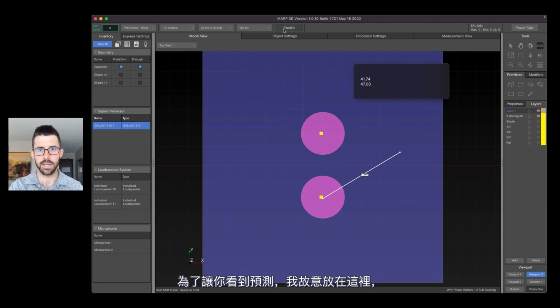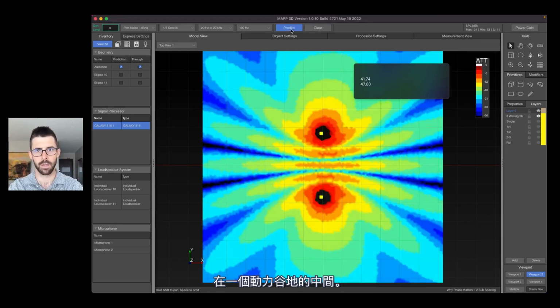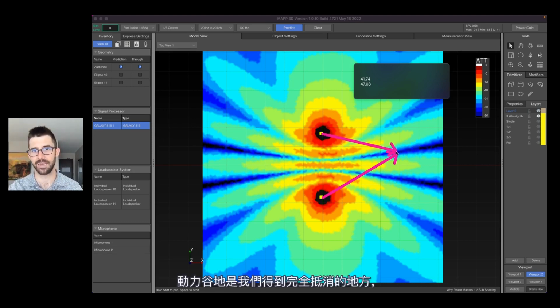And just so you can see the prediction, I put it right here on purpose in the middle of a power valley. A power alley is where it sums together, and a power valley is where we get complete cancellation. So it's right here.